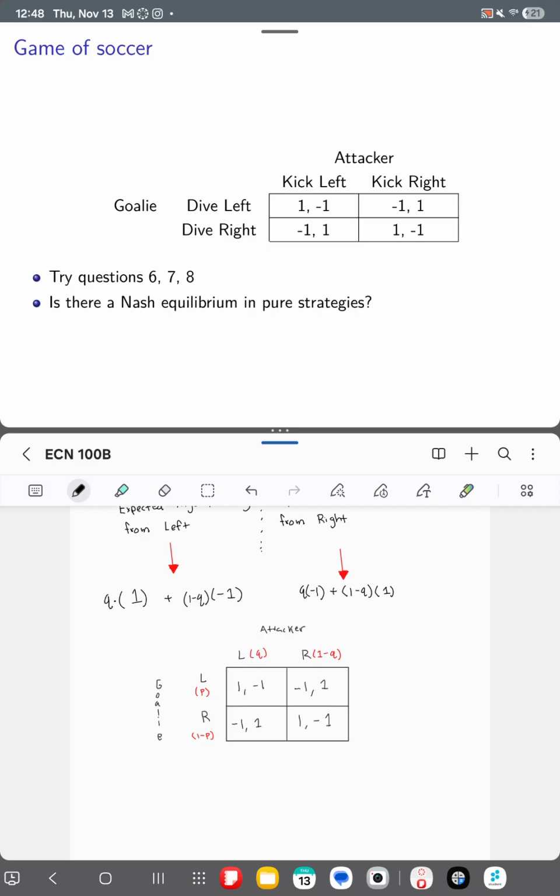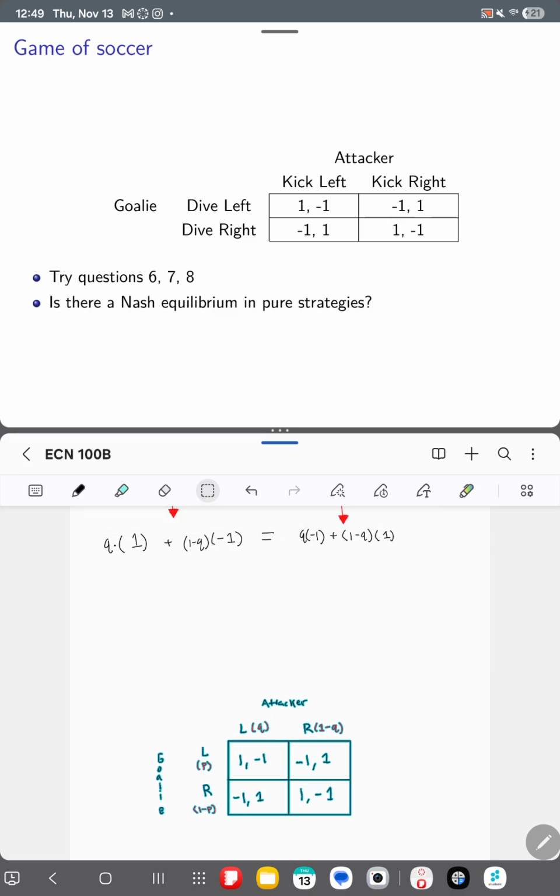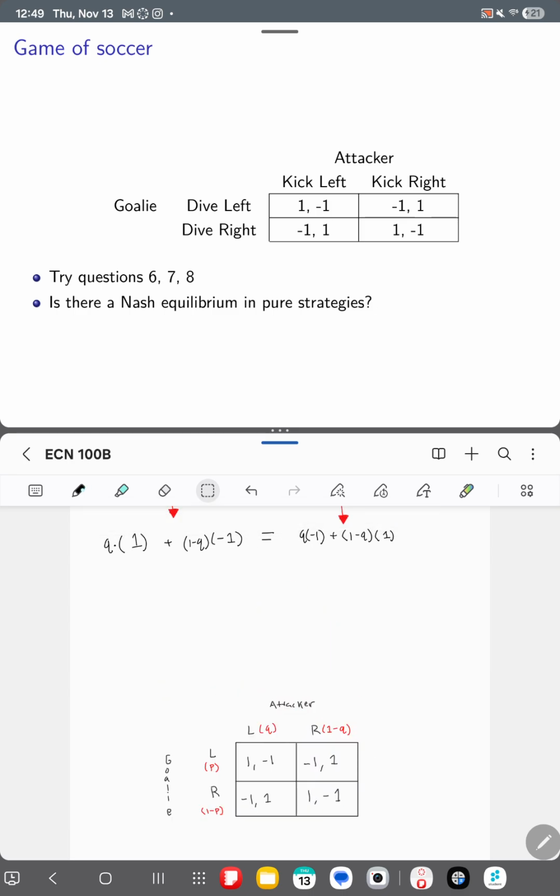The goalie is also randomizing. So she must be indifferent. And this is just using the logic from step 2.